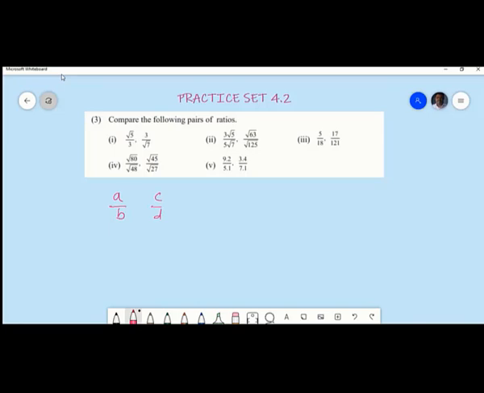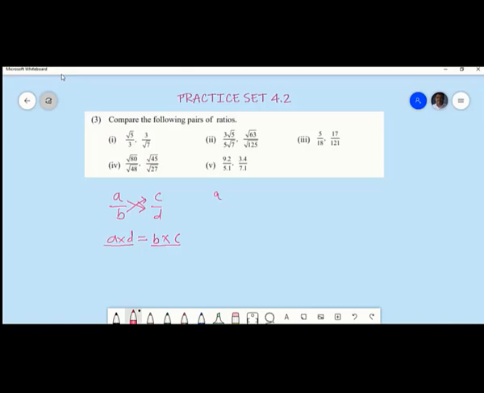Make the cross multiplication: A into D and B into C. If these multiplications are equal, A into D and B into C are equal values, then these are equal ratios, so put the sign equal to. These ratios are equal. This is the first property.